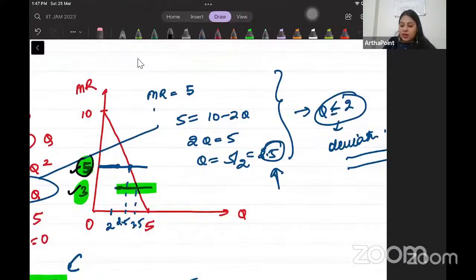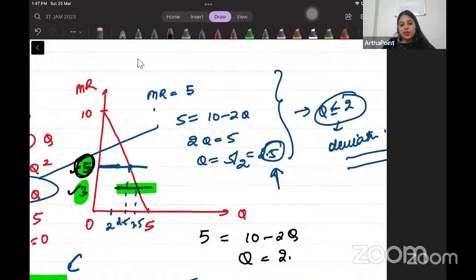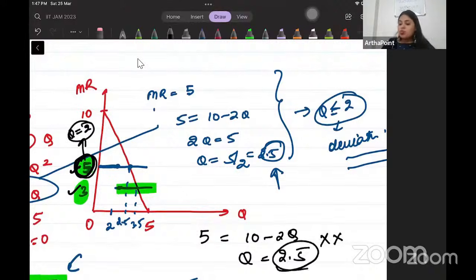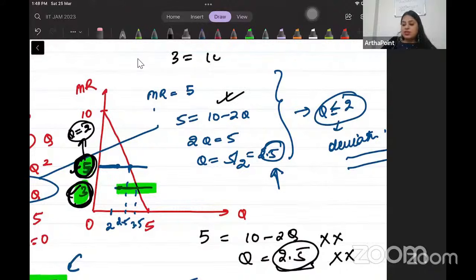So when I equated marginal cost of 5 to my marginal revenue, I got Q as 2.5, which is wrong because marginal cost of 5 only holds till Q equal to 2, and I'm getting answer as 2.5. This is incorrect. So which means that I must equate this marginal cost to my MR. And when I equate this to this, I get the answer as Q equal to 3.5.